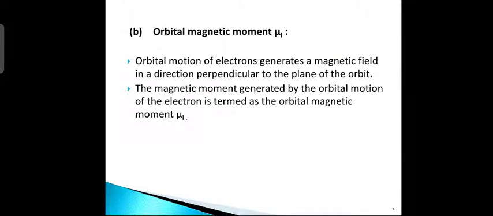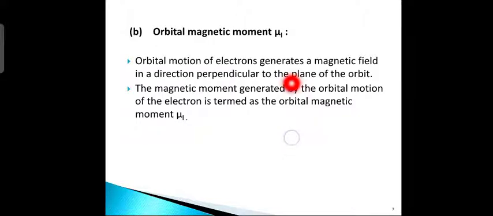Next is orbital magnetic moment, represented by mu L. The orbital motion of electrons is similar to the flow of electric current in a coiled wire, which generates a magnetic field. Therefore, orbital motion of electrons generates a magnetic field in a direction perpendicular to the plane of the orbit.